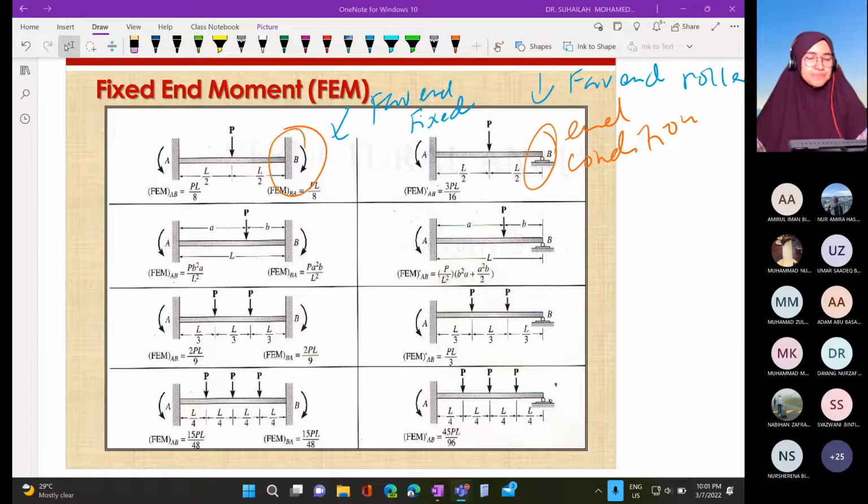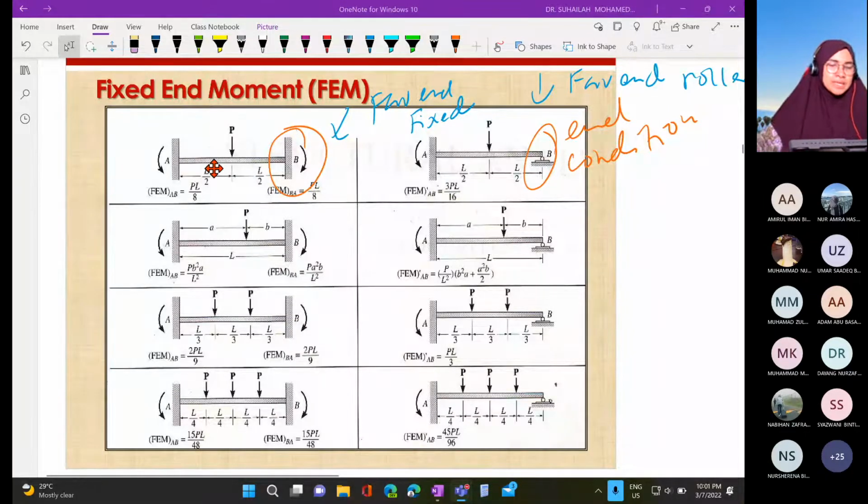Actually boleh pakai dua-dua lah bila condition dia memang end roller and fix lah. Tapi kalau let's say beam to end dia, end pin and dia end roller, kita still boleh pakai far end fix untuk solve the problem.